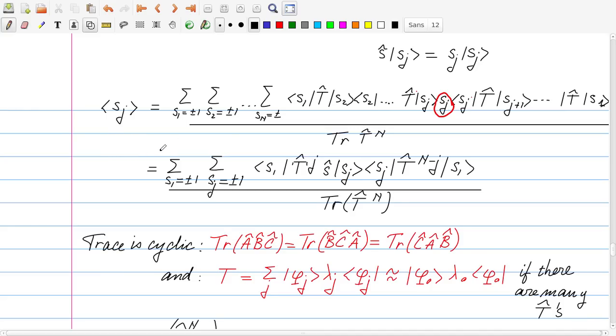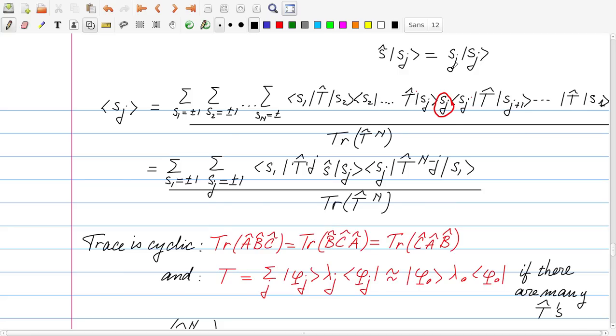So we proceed exactly along the same lines as before. We have the partition function, which we now write in the form trace of T to the N in the denominator. And then in the numerator, we work everything out exactly in the same way as before, except there is something extra. There is an Sj at position j, which has been squeezed in between these matrix elements.